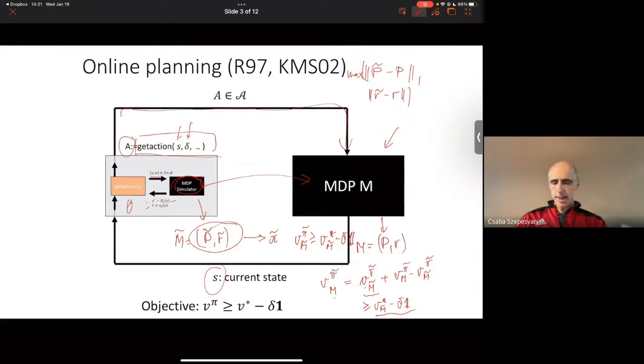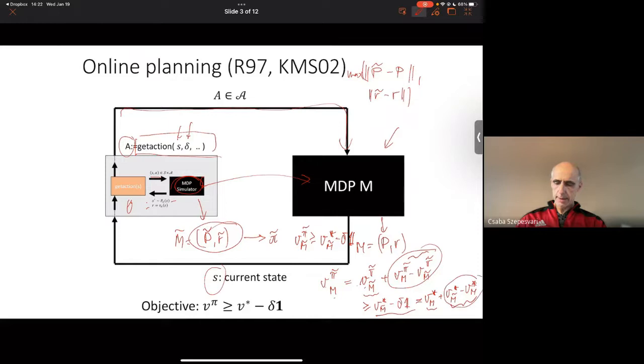Now you could say, but how does this relate to the value in M? There you can play the same game. Wishful thinking, this was M, and then there is a difference that results from lying here and using M instead of M tilde. So we had M tilde, so we have to put that back. And now we have to bound this difference.